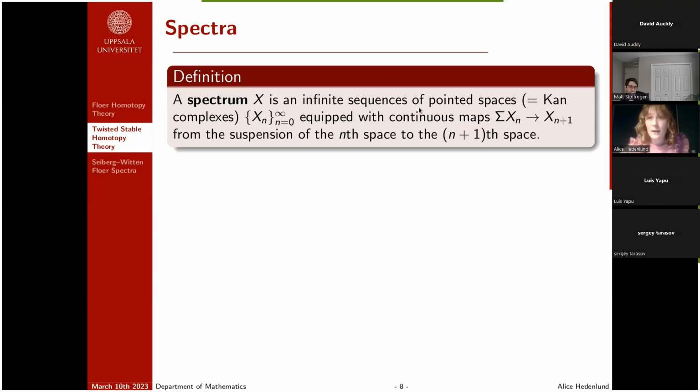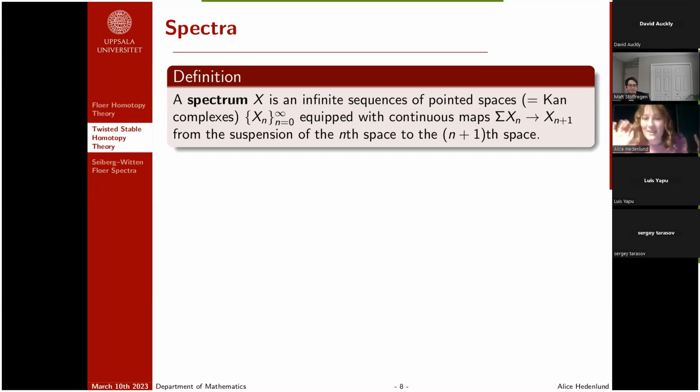I don't think you should try to stare yourself blind at this definition. Sometimes people spend too much time trying to figure out what is going on.